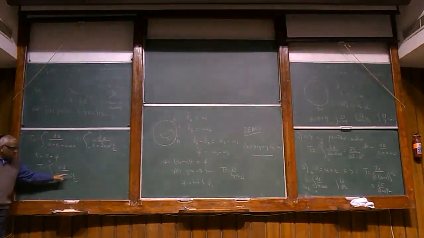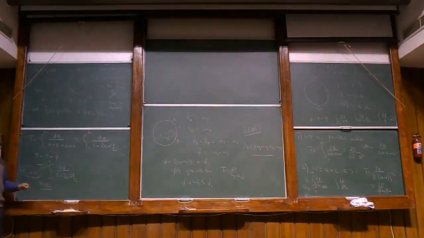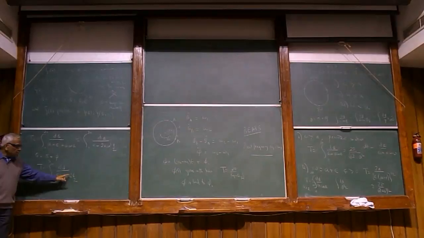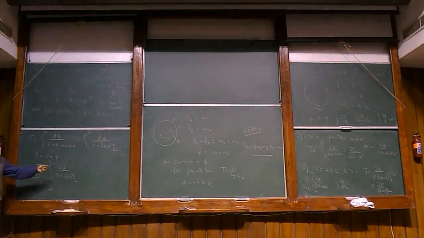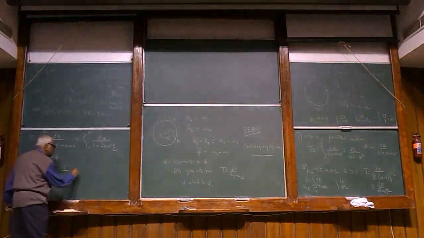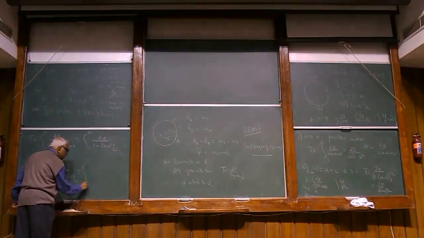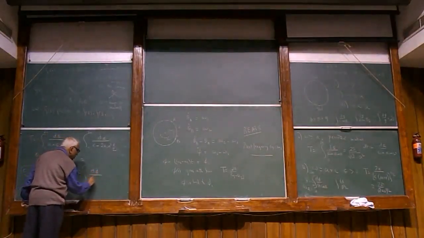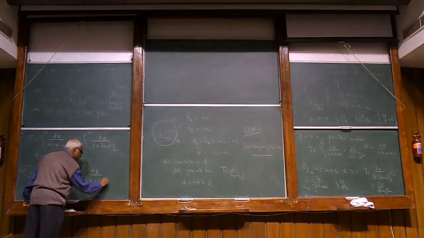So the phi that we are interested in has to lie near phi equal to 0, and therefore I can make the approximation that I'll substitute sine square phi by 2 by phi by 2 square, and therefore this integral is approximately the integral from minus pi to pi d phi divided by epsilon plus a over 2 phi square.